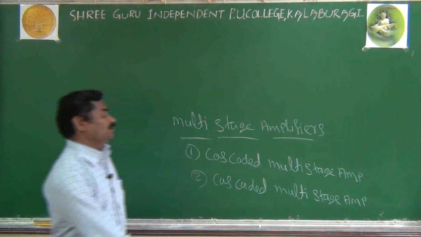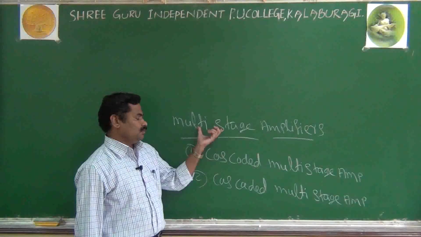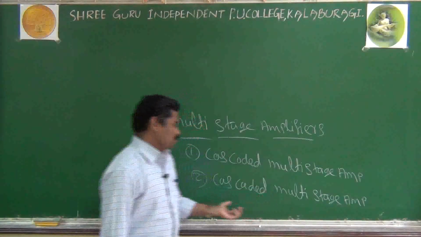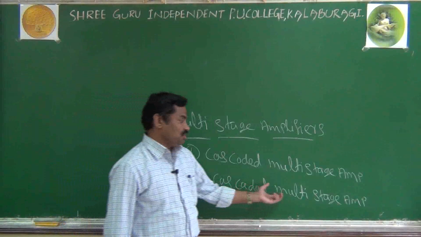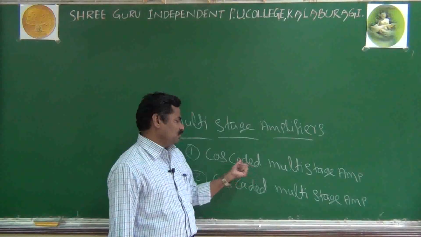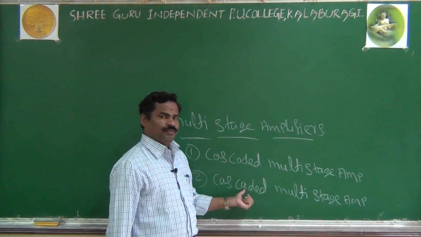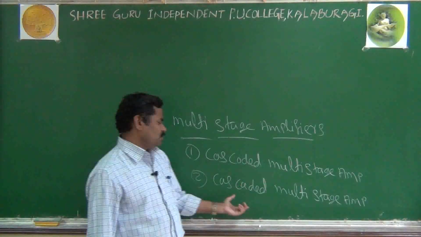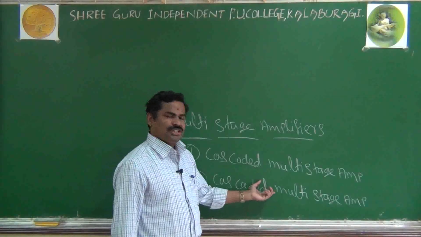You can classify multi-stage amplifiers into these two types. The only difference is about CO and CA. What is the difference between the cascode and the cascade multi-stage amplifiers?